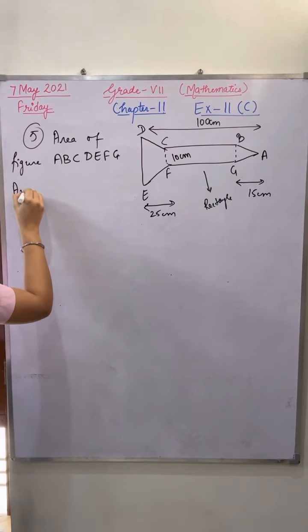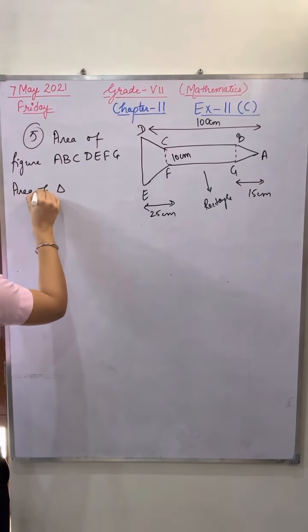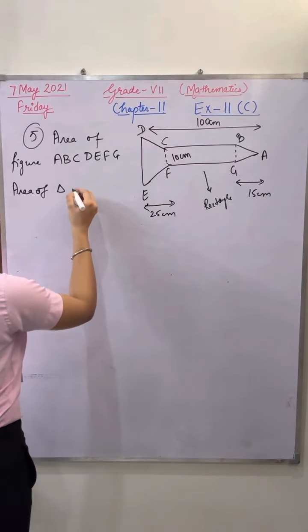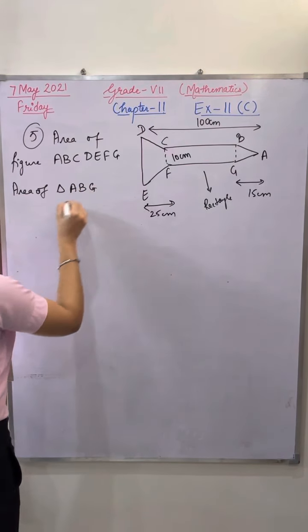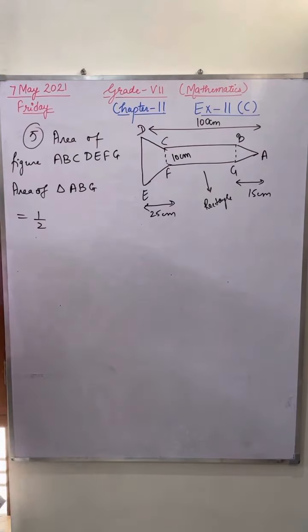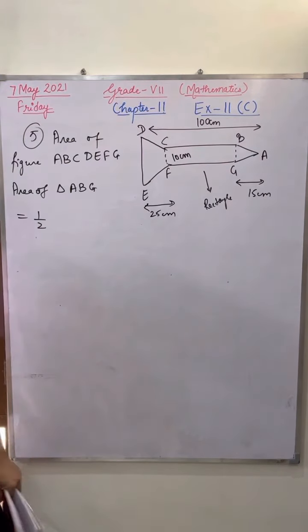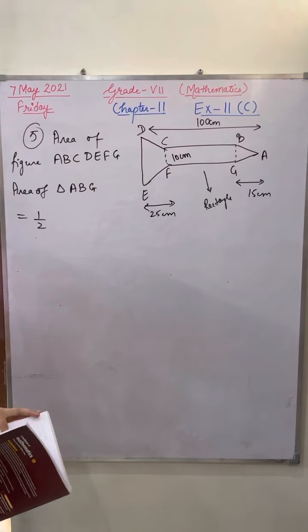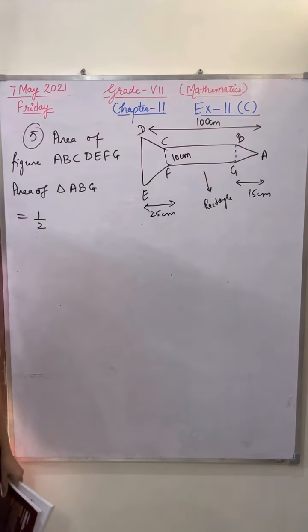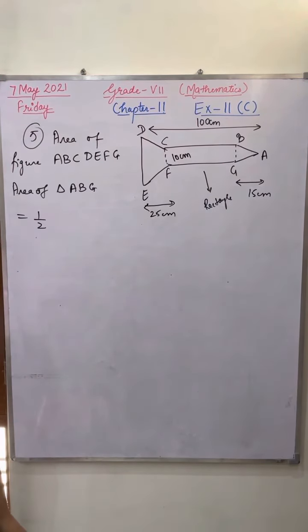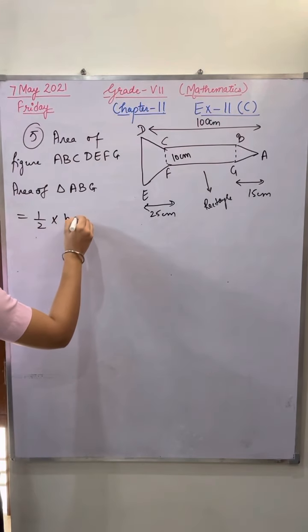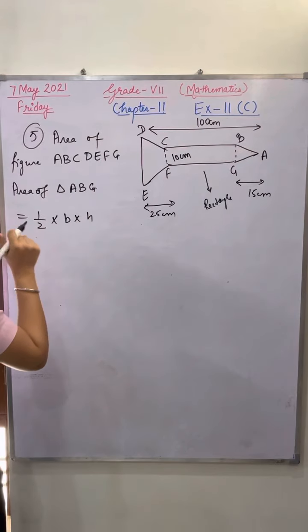So first of all, area of triangle, that is ABG. What is the formula of area of triangle? Yes, correct. Half into base into height. So what is the base here?